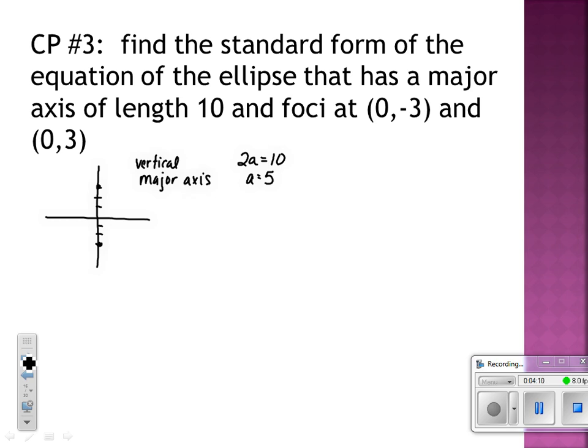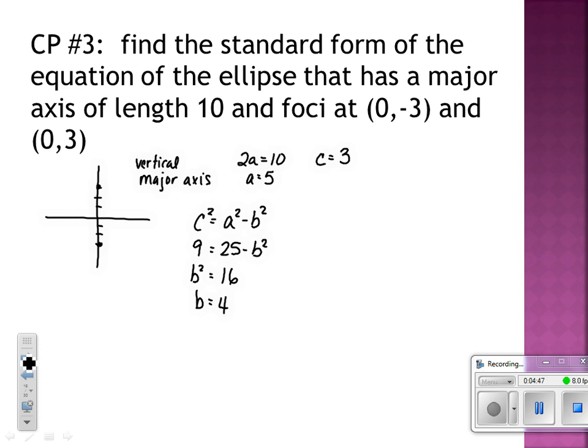So knowing that c squared is equal to a squared minus b squared, we determine that, I guess I didn't write it down yet, c must equal 3 if my foci are (0, -3) and (0, 3). So c squared is going to be 9. a squared is going to be 25. We don't know b squared yet. Okay, so solving for b squared, I'm going to have b squared is equal to 16. So b is equal to 4.